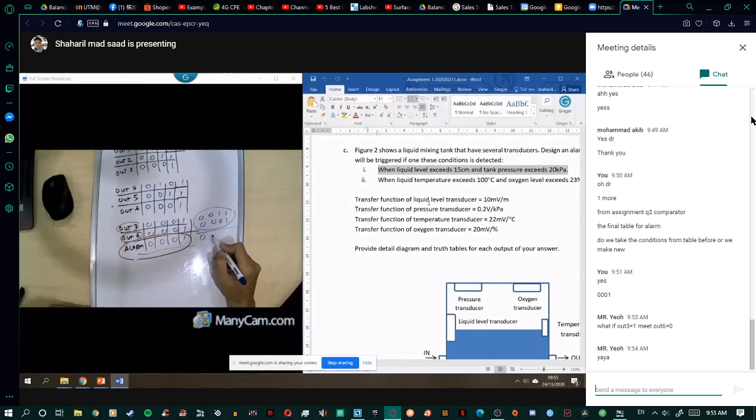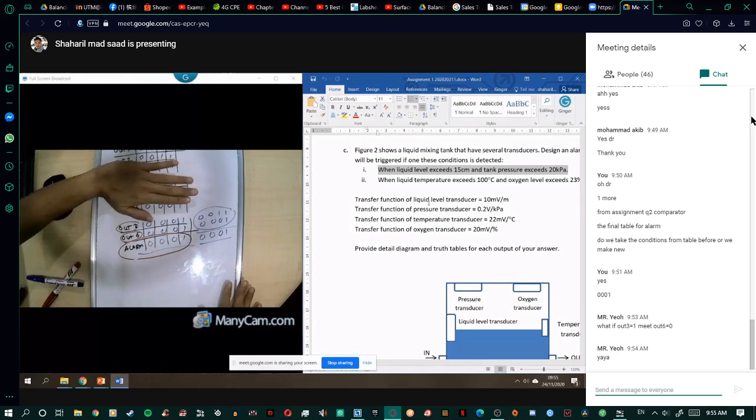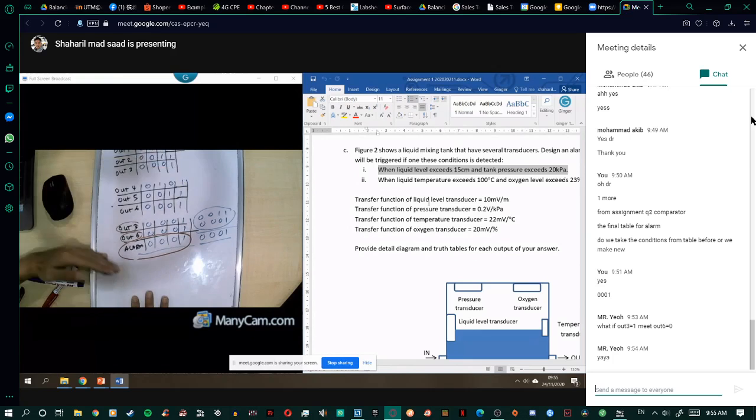So for example, 0, 0 and 0, 1. If you just give the table for output 3 and output 6, if you can give the overall table, yes, we can accept it.